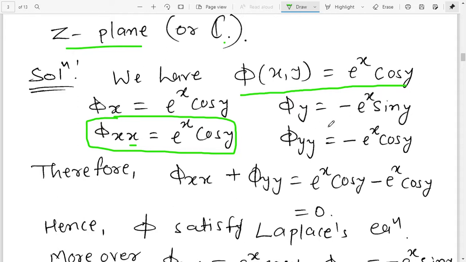And now again differentiating phi y with respect to y, we get phi yy is equal to minus e raised to x cos y, because the derivative of sin y is equal to cos y.